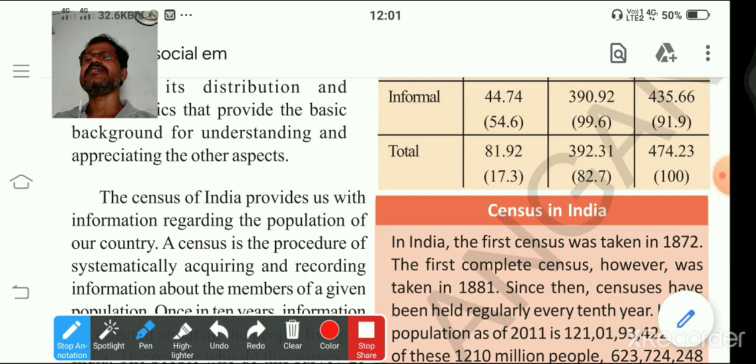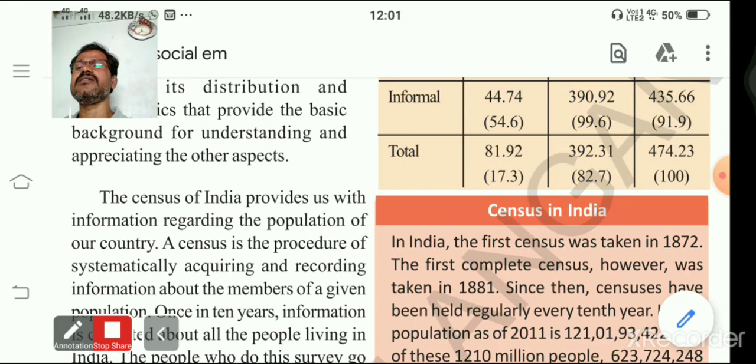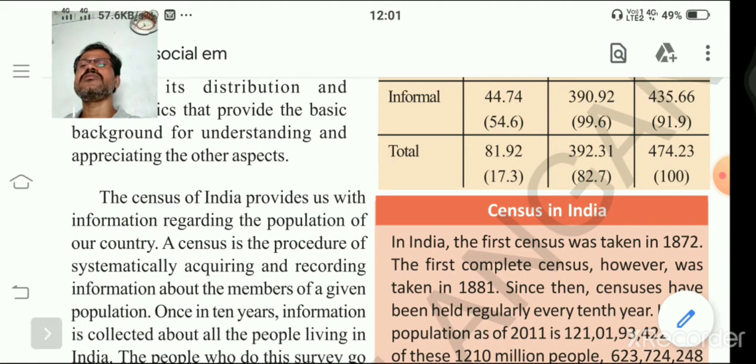Right? A census is a systematic procedure of acquiring and recording the information of the population in a region. That means it is calculating the number of people in a nation or a region, recorded in a systematic manner.